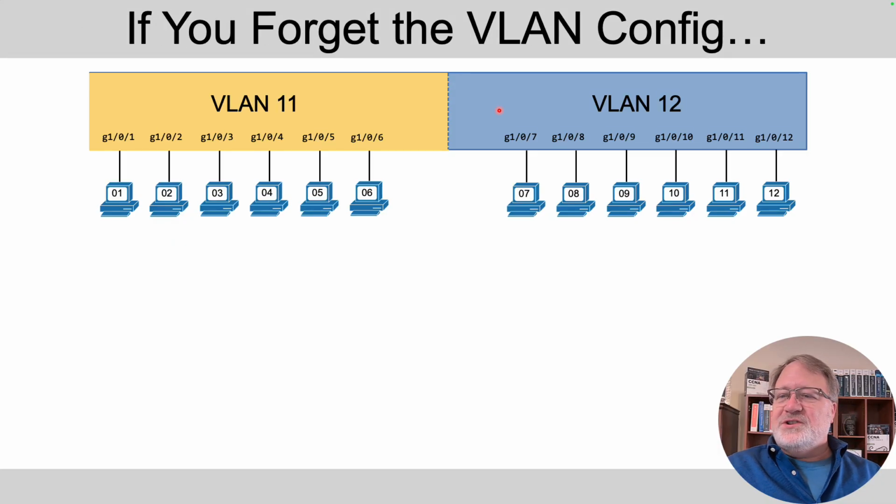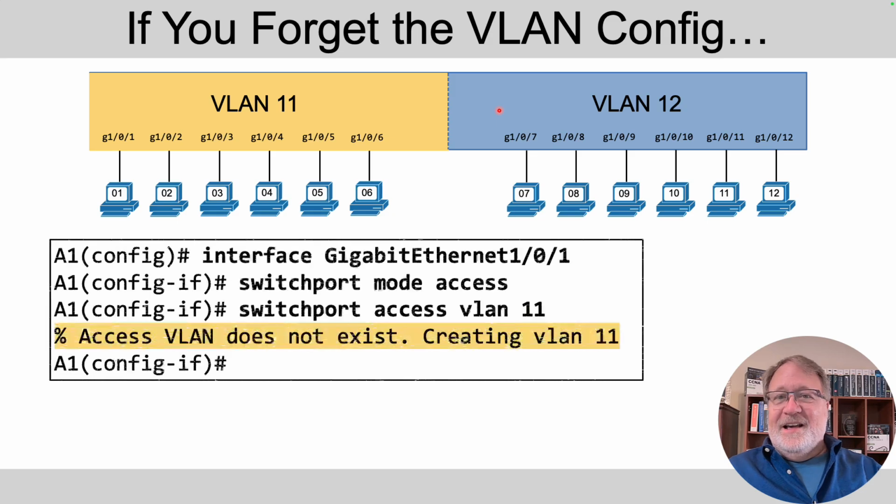One last tangent here. Let's just say you got excited about configuring the access ports and giving them a VLAN ID, and you forgot to create the VLANs with the global commands. Well, IOS recognizes that and creates the VLAN commands for you. So say you typed in this order without ever having configured VLANs 11 and 12 yet.